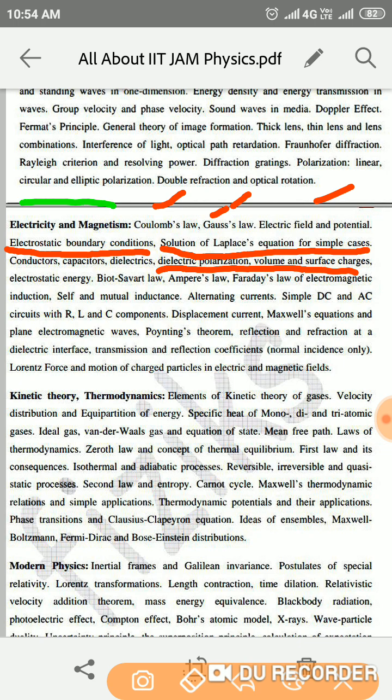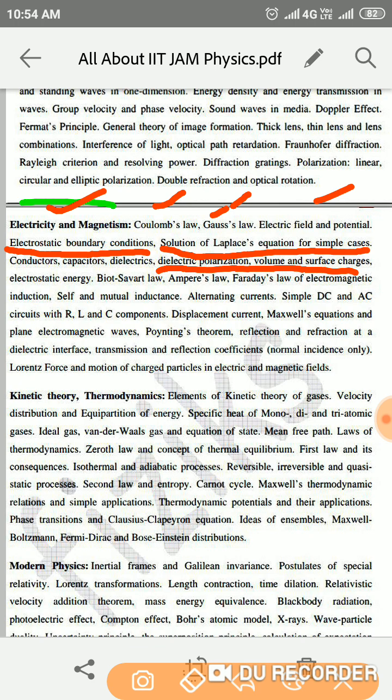And one more thing, for this electricity and magnetism unit, you should be very good at vector calculus and all the theorems like Gauss divergence theorem, Stokes theorem, and you should be able to express in cylindrical coordinates and spherical polar coordinates. If you are good in that, then half of your work is done in this unit. Otherwise, you are going to face problem.